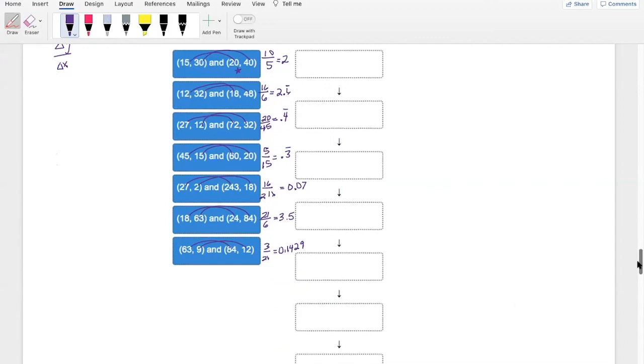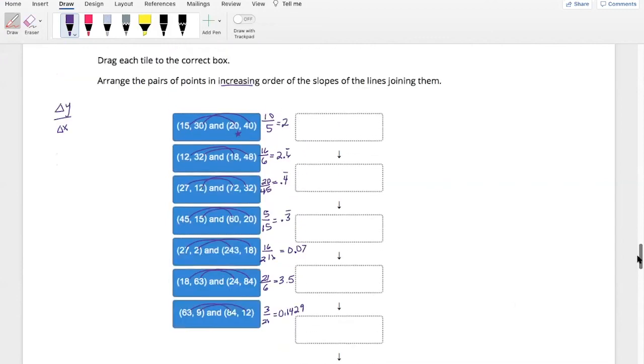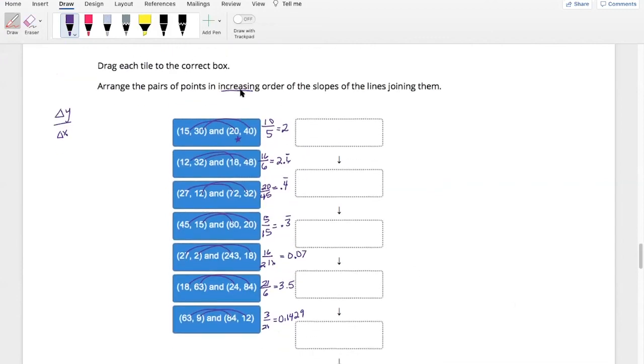Okay, so we now want to just drag and drop them into the increasing order. So we're going to start with the smallest and end with the largest. So our smallest one would be this one here. We would want that first. Our next smallest, according to our decimals here, would be this 1/7 here.